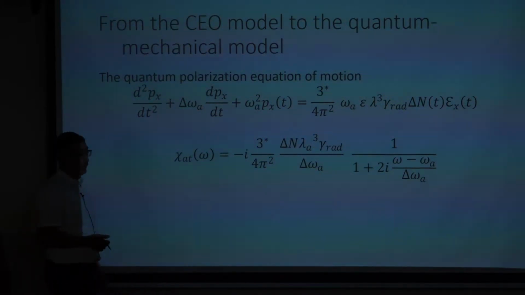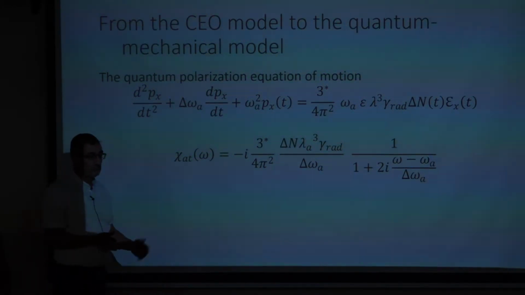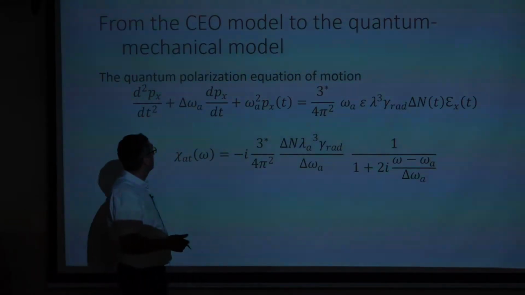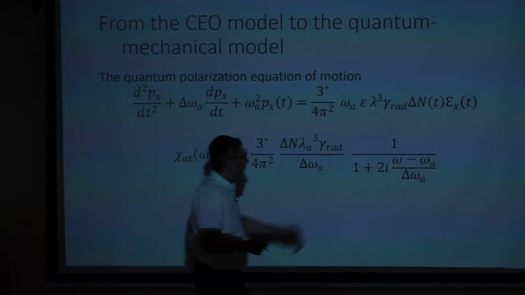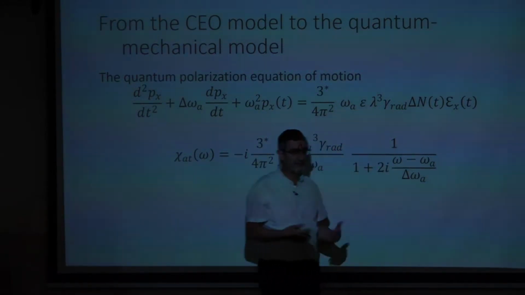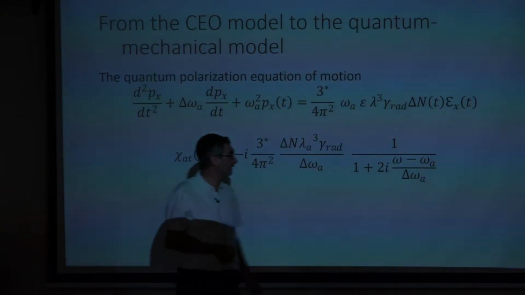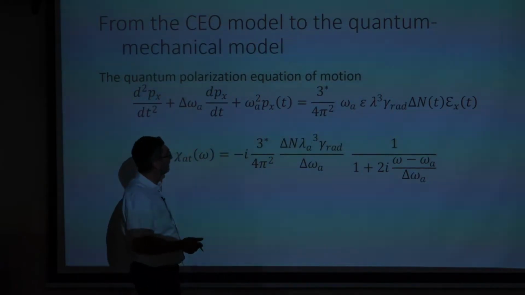So omega A becomes omega 1,2, the transition frequency. You remember you have to replace the population by delta n, the population inversion, delta n is n1 minus n2.